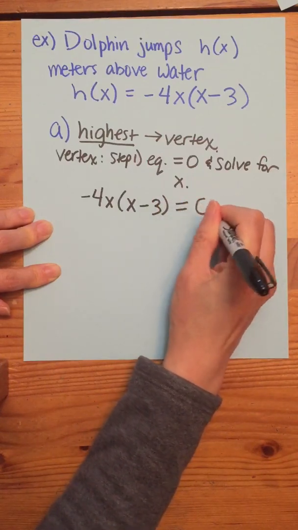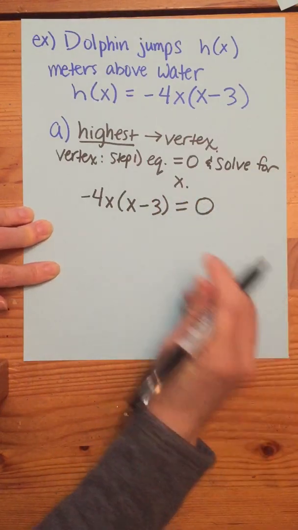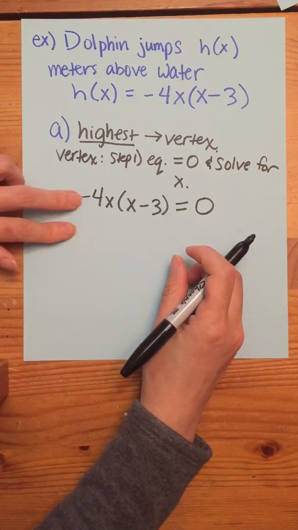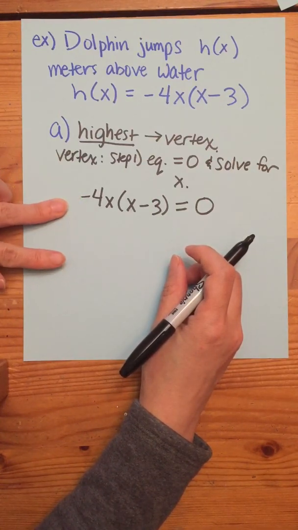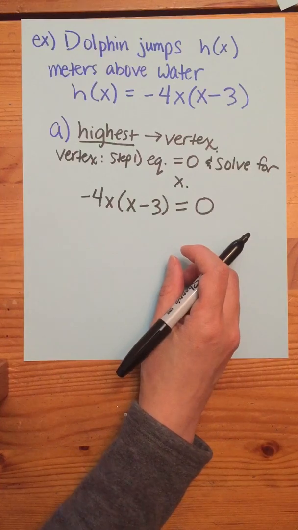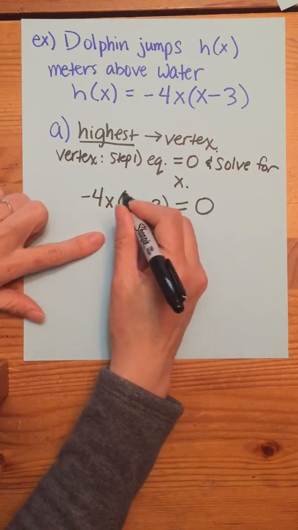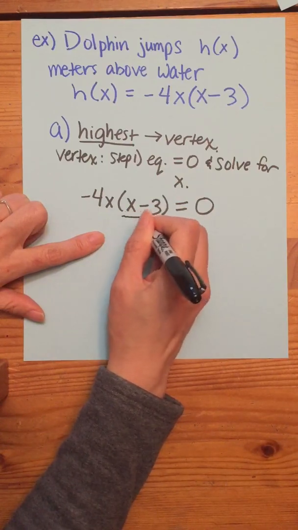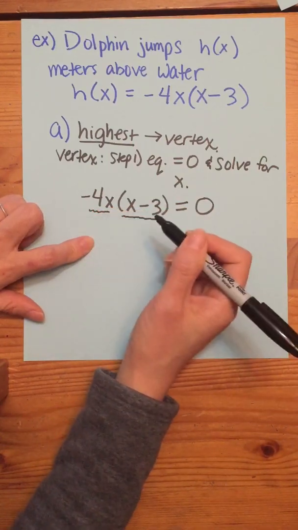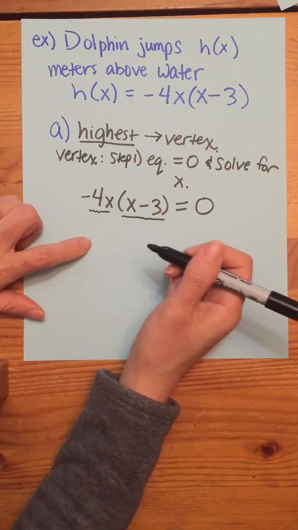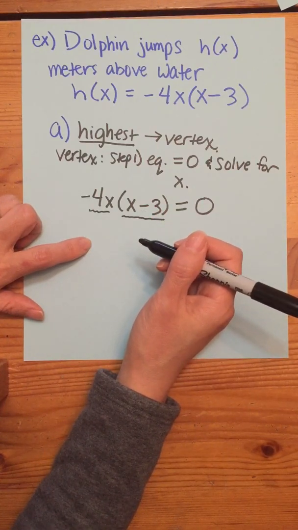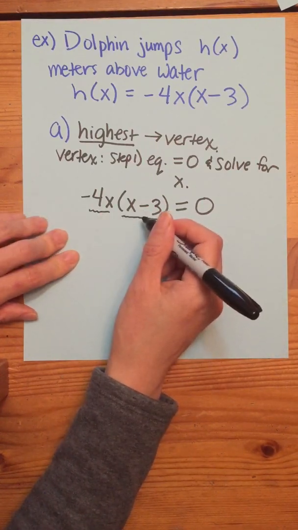I'm going to set that equal to 0. Now I have to choose between two ways to solve: I can either factor or use the quadratic formula. It's already been factored, because there's a parentheses with a term in front of it being multiplied to it. So I'm going to use the factoring method.